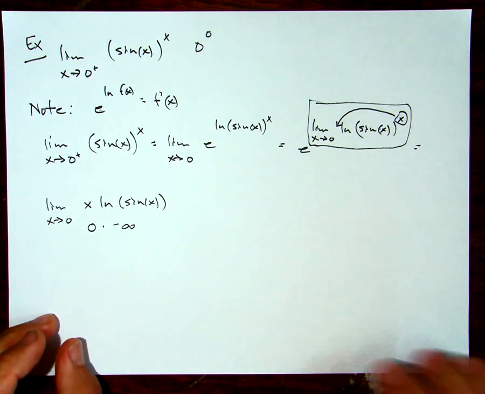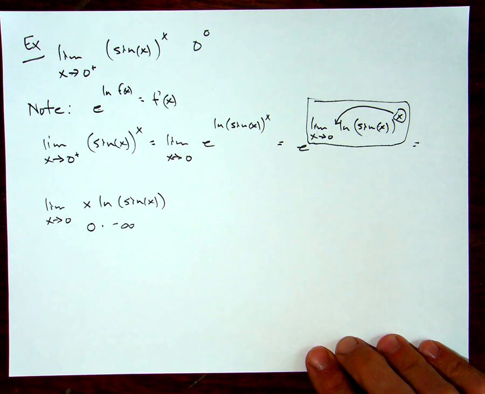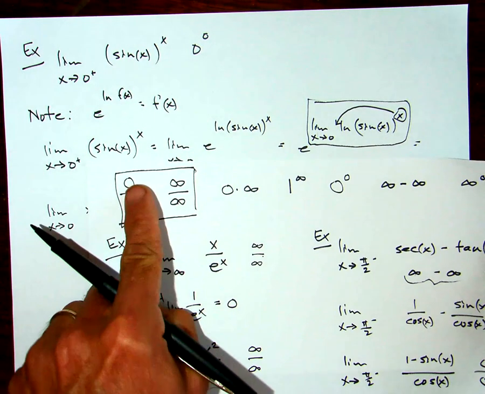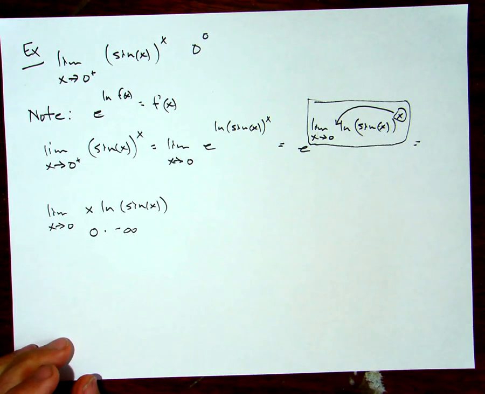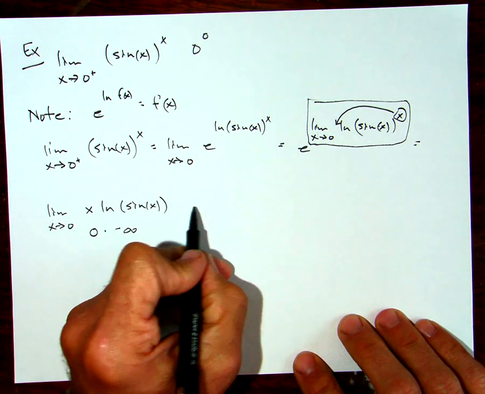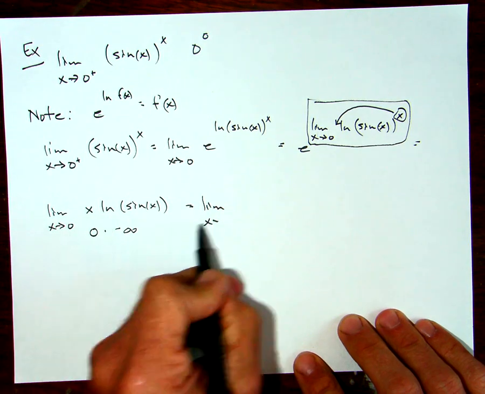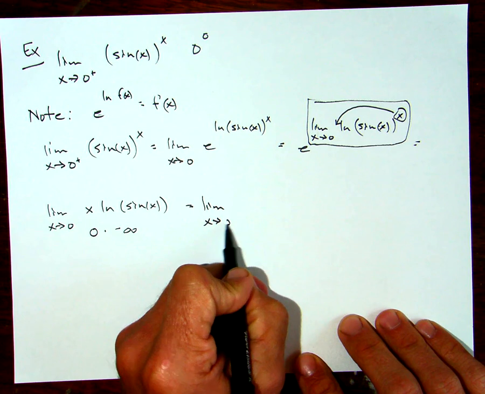So what we need to do is rewrite this limit in terms of 0 over 0 or infinity over infinity, so we can apply L'Hopital's rule. Notice that multiplying by x is the same thing as dividing by 1 over x.